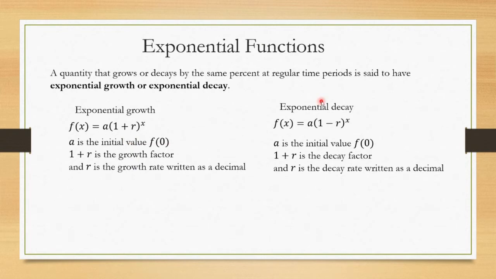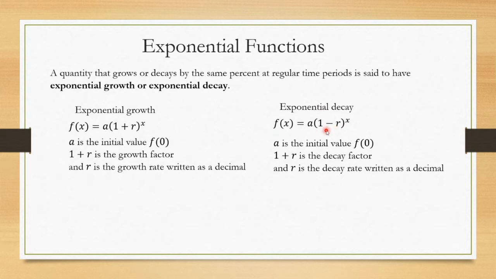Now, you could also have exponential decay. Not with population growth, but we'll see some examples later. One application of that, as we'll see, is radioactive decay, or half-life. In this case, the only difference is that instead of 1 plus r, you have 1 minus r.